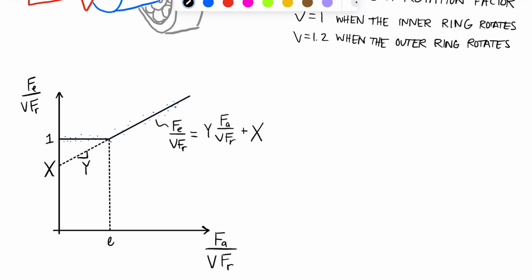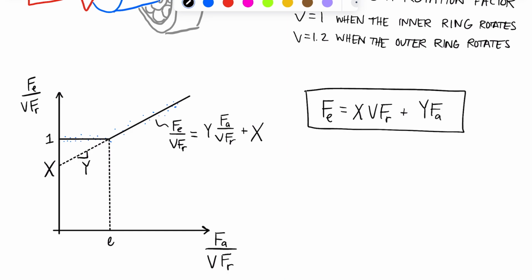Okay, and so now we can multiply through by VFR and we can get an equation for our equivalent radial load that is equal to X times VFR plus Y times FA. And this is a very important equation, so we're going to box it.